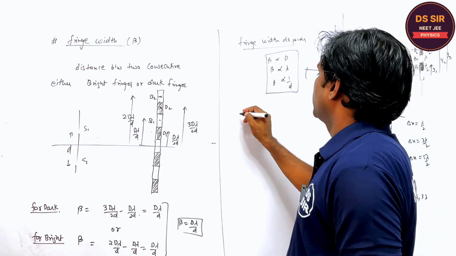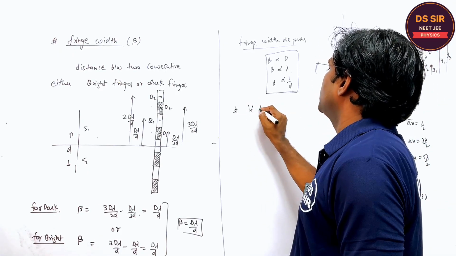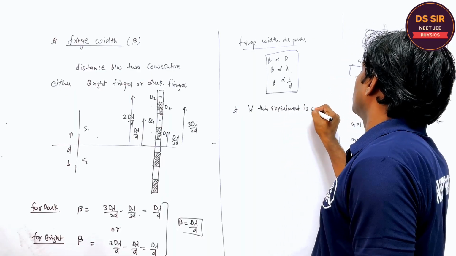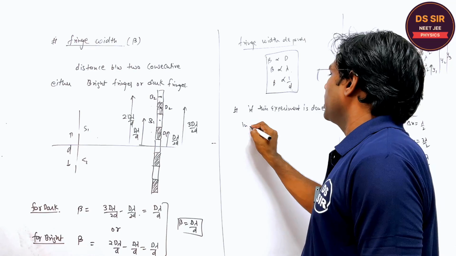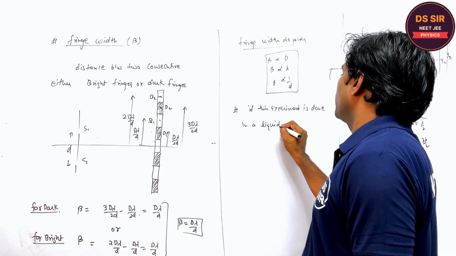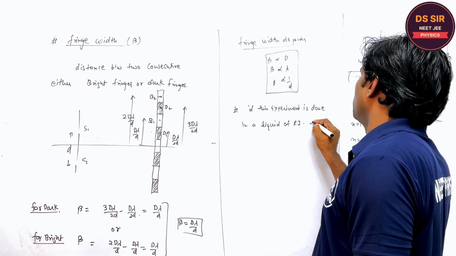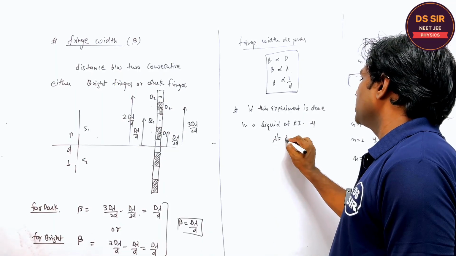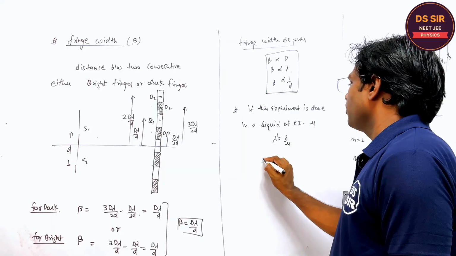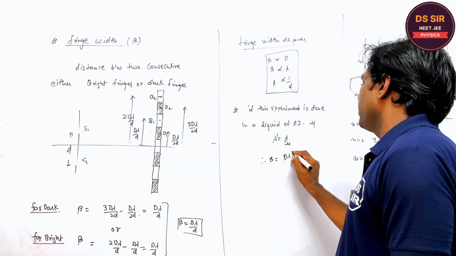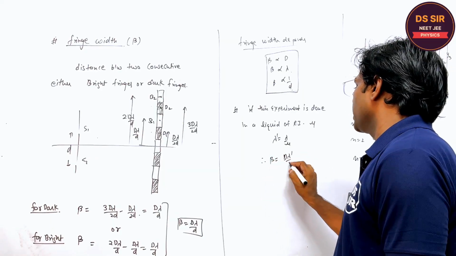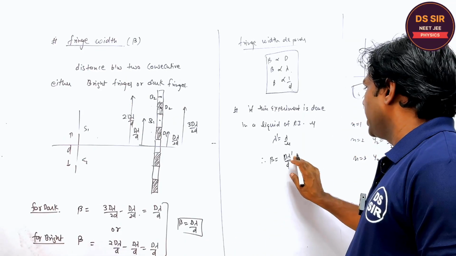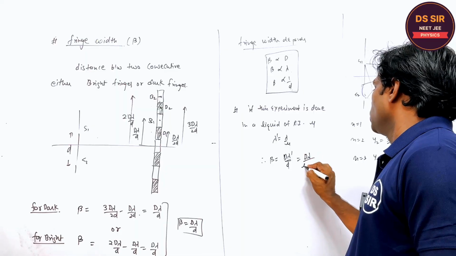Listen, one more thing. If this experiment is done in a liquid of refractive index mu, the wavelength of the light is lambda by mu. So beta dash is equal to D lambda dash over d, where lambda dash is lambda by mu.